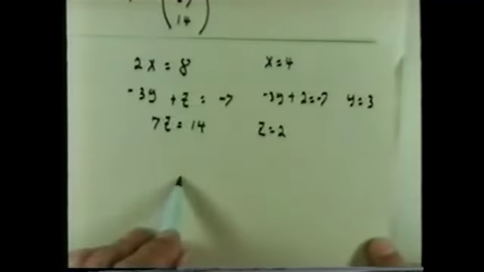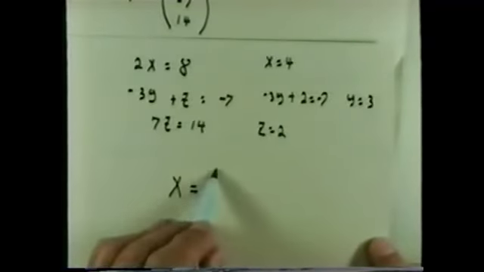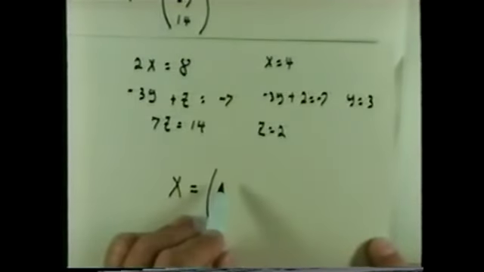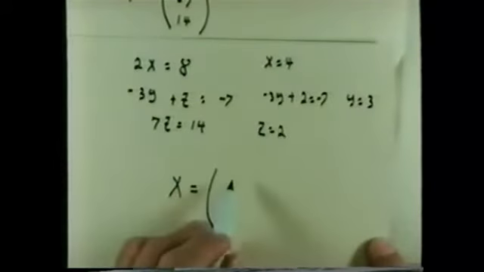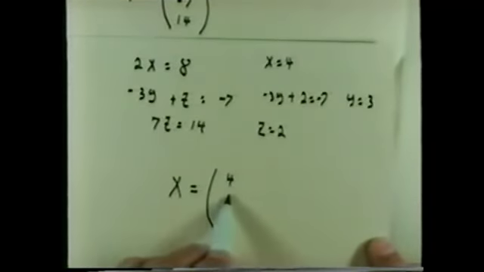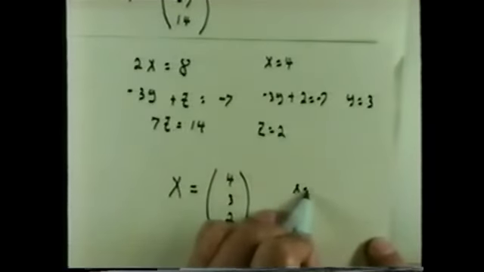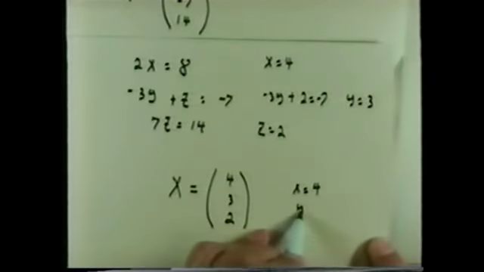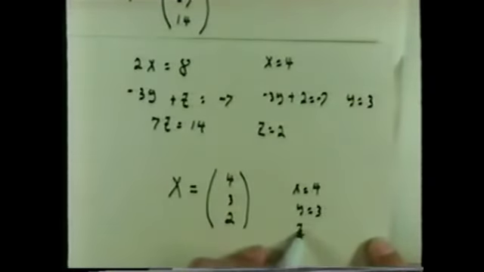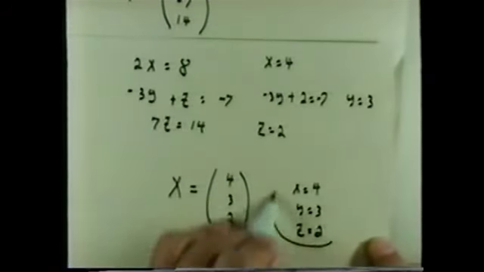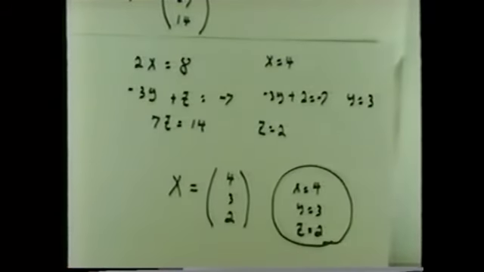So I can get that X is going to be 4, 3, 2. Or I can say that little x is 4, little y is 3, little z is 2, and you have the solution to the system of equations.